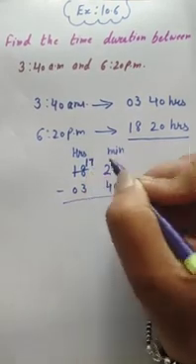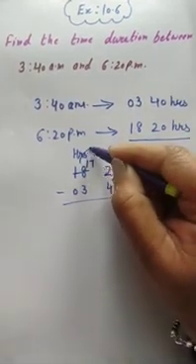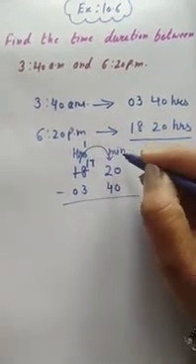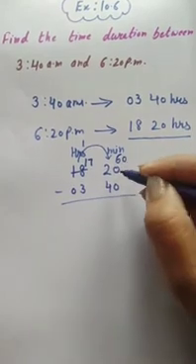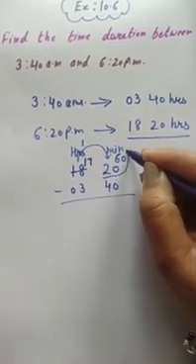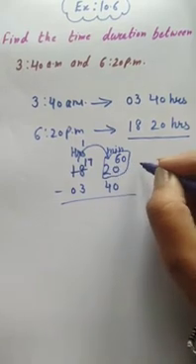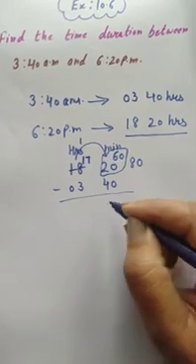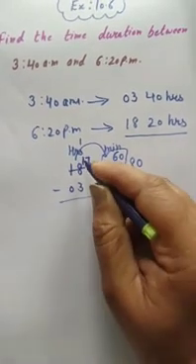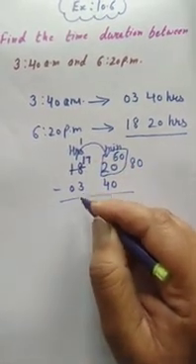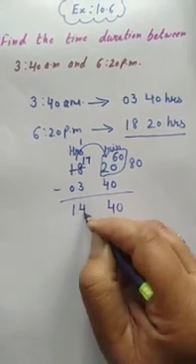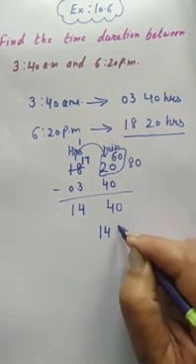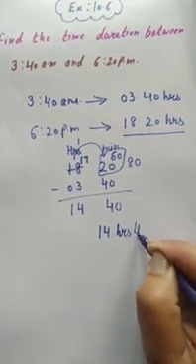Here 18 becomes 17, and when one moves to the minutes side it becomes 60 minutes. Now we add 20 and 60 and we get 80. Now we subtract 80 minus 40 is 40, and 17 minus 3 is 14. So our final answer is 14 hours 40 minutes.